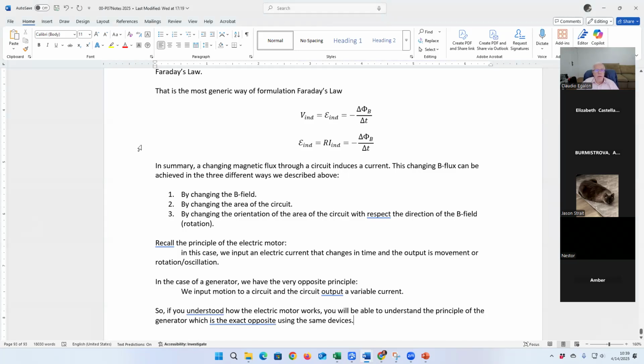And that's the equation that you have to have in mind.